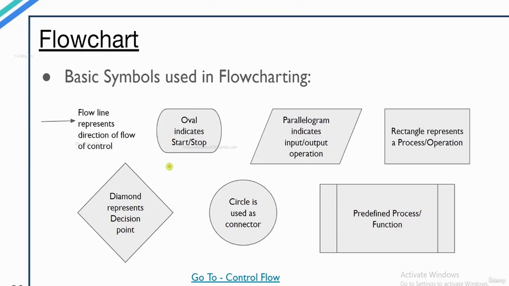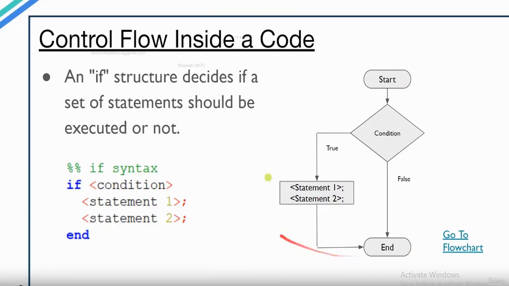Actually, these symbols might look familiar to you. If you remember, we've already used these symbols to create flowcharts to study the control flow inside if-else and for structures. Let us go to that slide where we studied the if structure by using a flowchart. So this is the flowchart I was talking about.